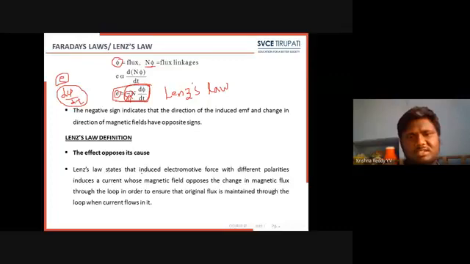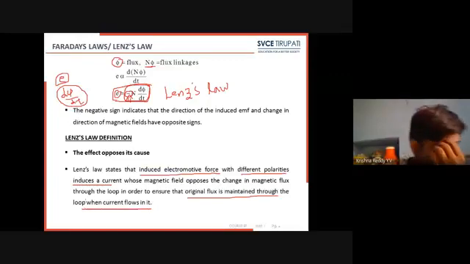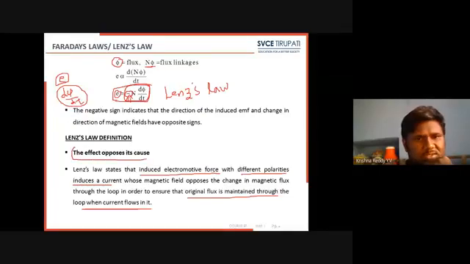Lenz's law states that the induced electromotive force, with its polarity, induces a current whose magnetic field opposes the change in magnetic flux through the loop, in order to ensure that the original flux is maintained through the loop when current flows in it. Here, Lenz's law opposes its cause.